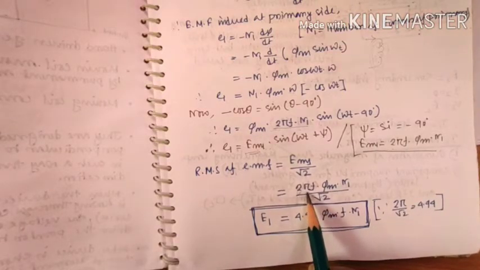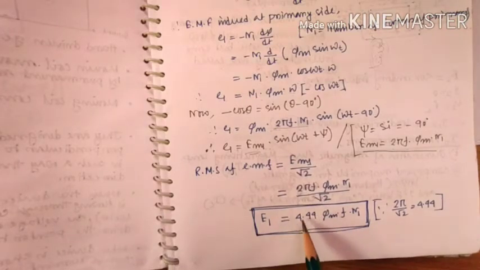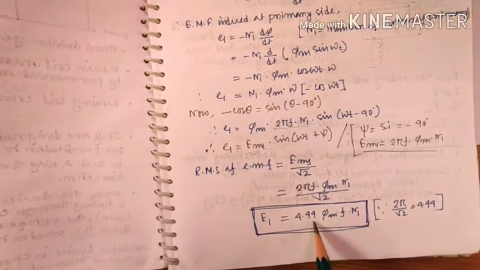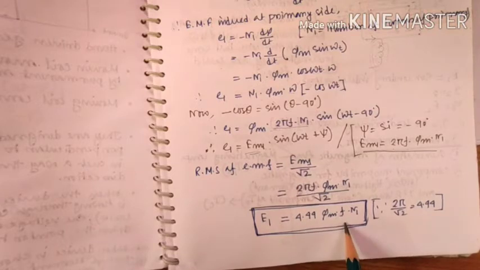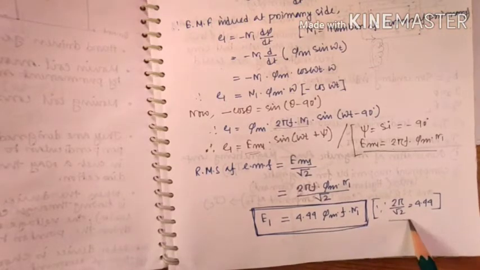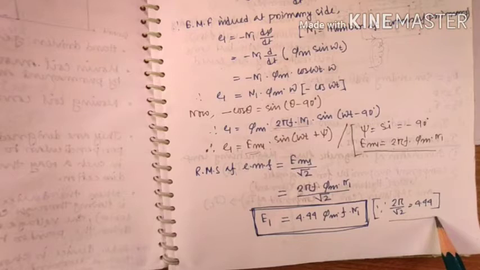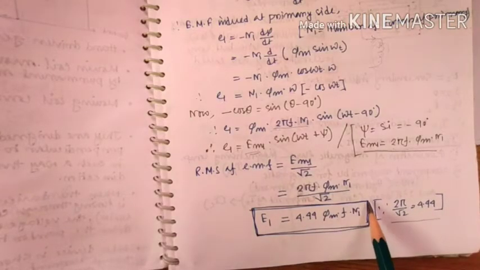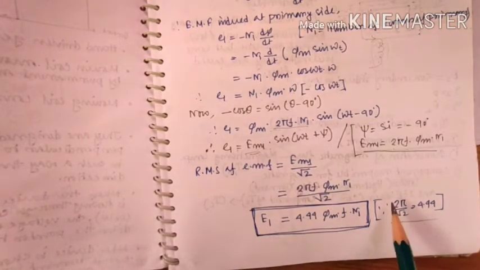So 2 pi divided by root 2 gives us 4.44. Phi m is here, f is here, and N1. So it is written here 2 pi by root 2 is equal to 4.44. So this is the RMS value of the EMF that we can get in the primary winding side.